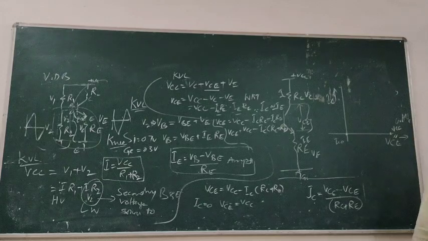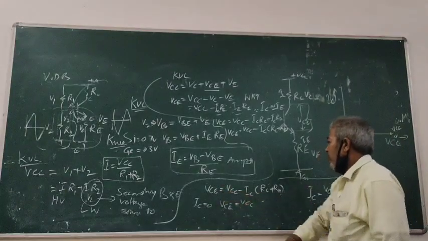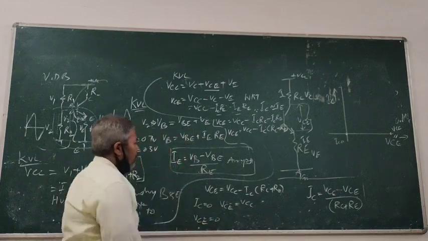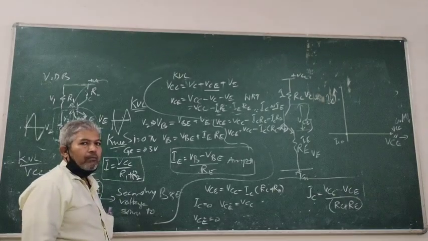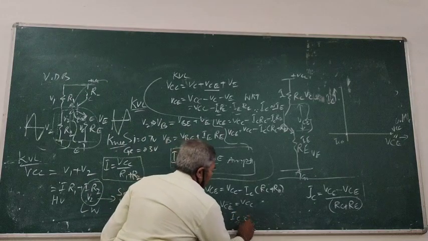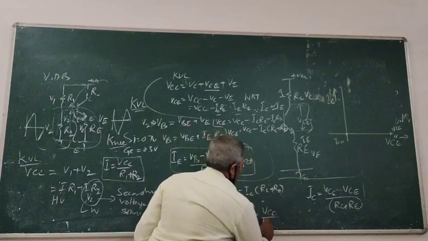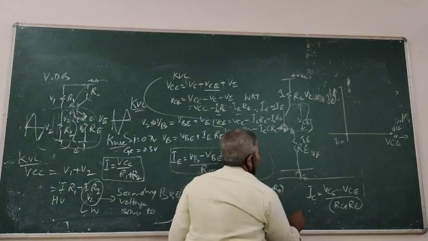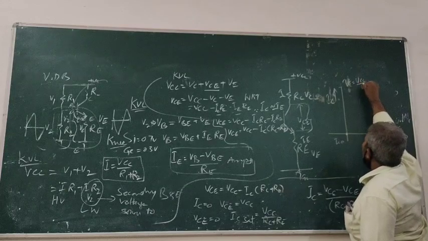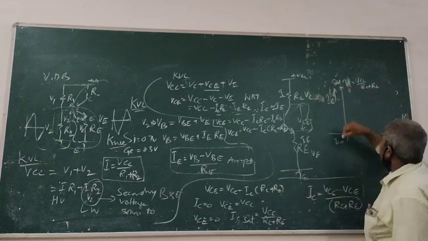It is one end point of a load line. When VCE is equal to 0, then IC saturation is equal to VCC divided by RC plus RE.